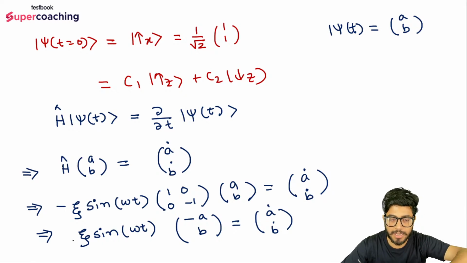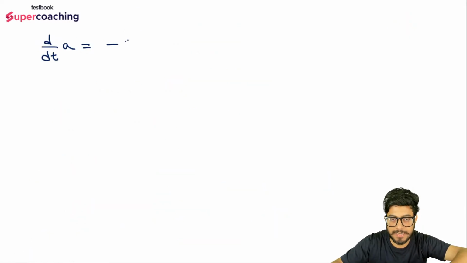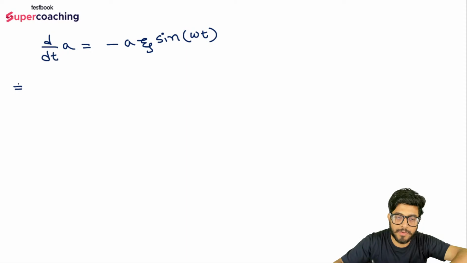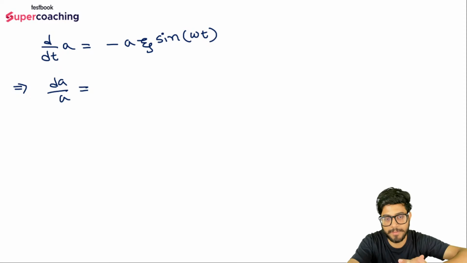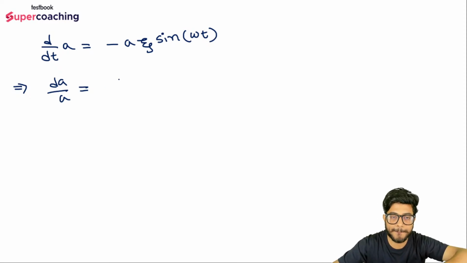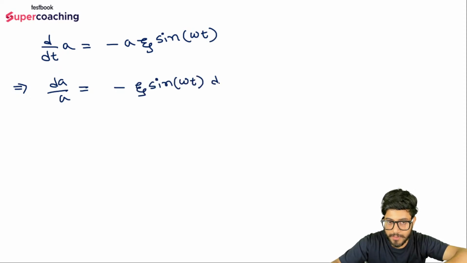A dot equals minus zeta sin(omega t) times A. So I can just put dA divided by A equals minus zeta sin(omega t) dt.